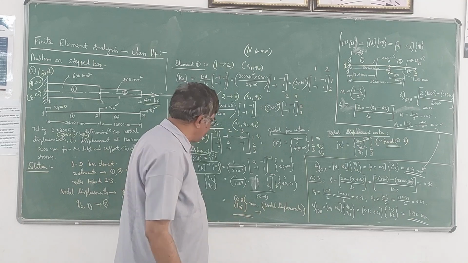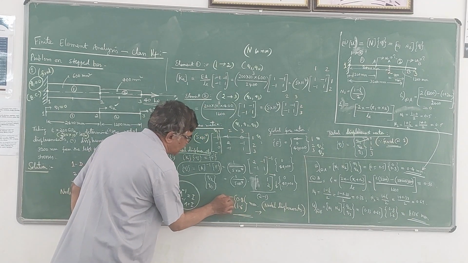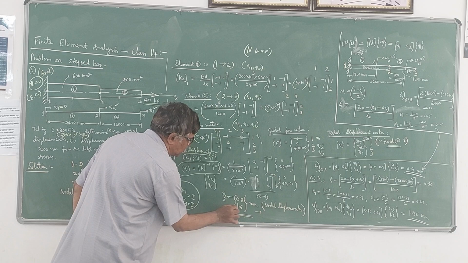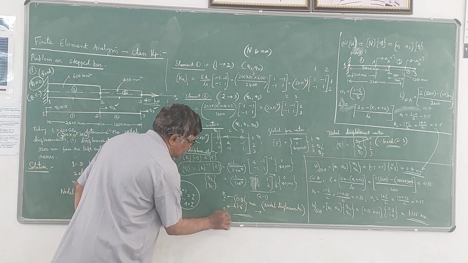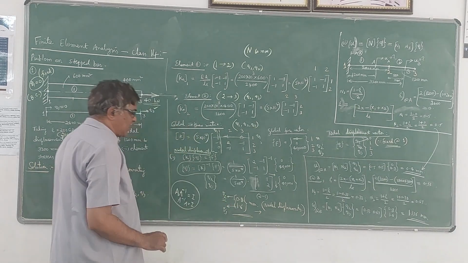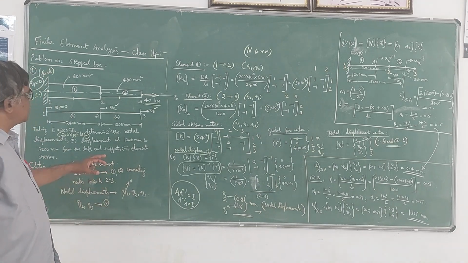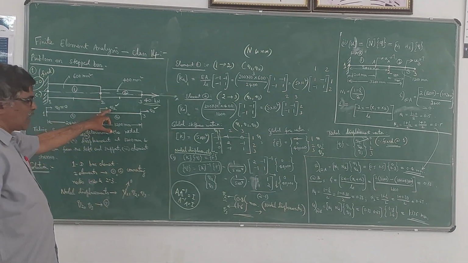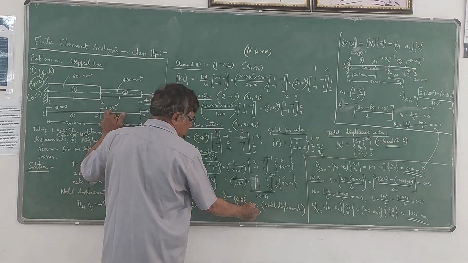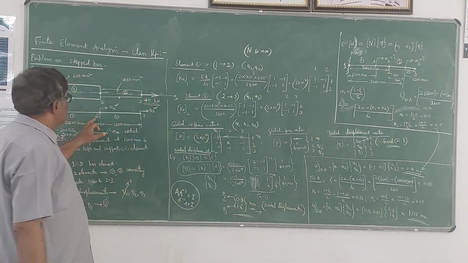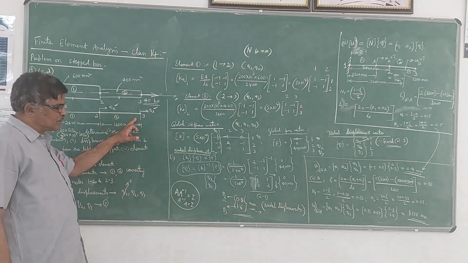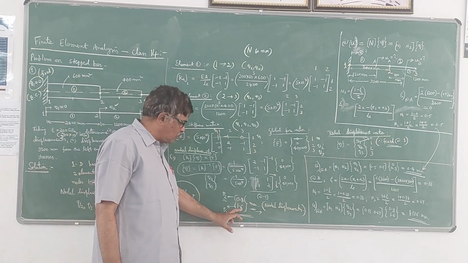So you are going to get the Q2 Q3 values. The first value you get is Q2, the second value is Q3. So in this problem you have got the nodal displacement at the second node Q2 as 0.8 millimeter. The answer is in millimeter, and the nodal displacement at the third node Q3 is 1.6 millimeter.